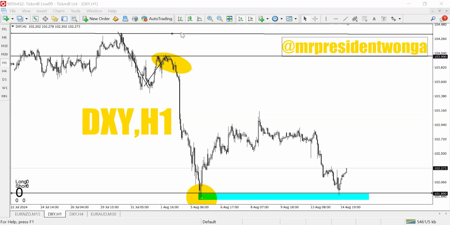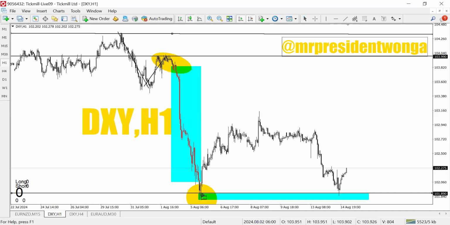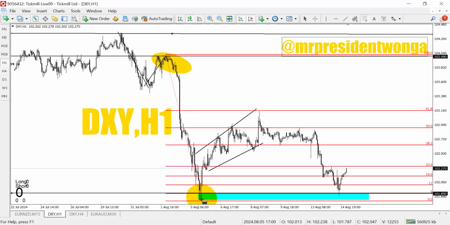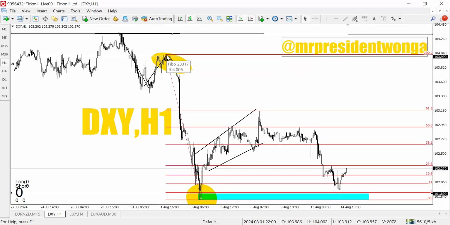Lower lows, downtrend, okay, perfect. When you talk about lower lows, there was this low and then it created another low, so the market has been dropping. So if the market has been dropping, what's going to happen with the Fibonacci? We need to measure from the high to the low, because this market is moving down.